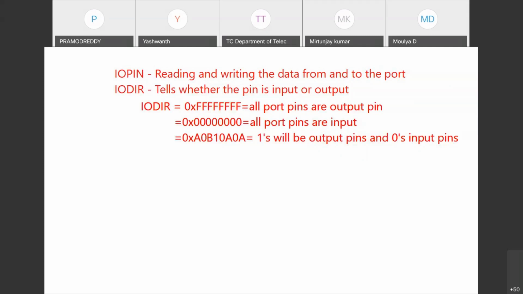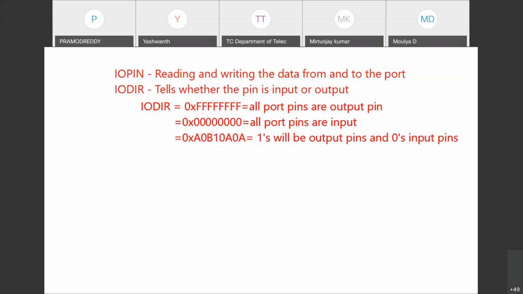0xFFFF0000, if I write this, it means the first 4 digits are F, the next 4 digits are 0. It means the first 16 bits are high and the next 16 bits are low. So the first 16 pins of the port have 1, the next 16 pins have 0.